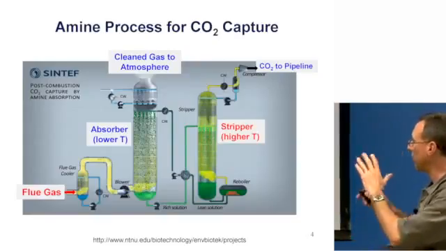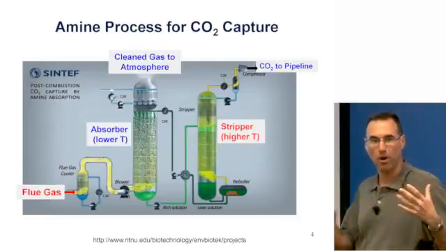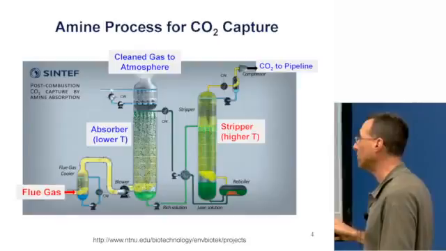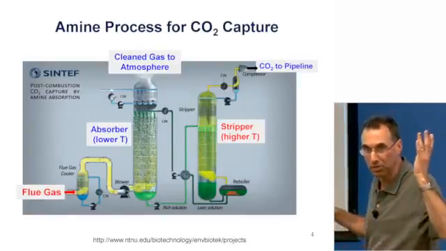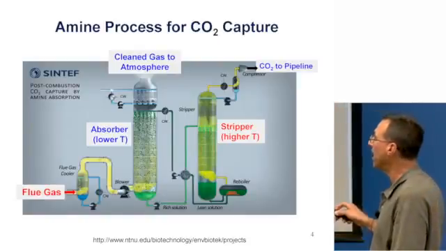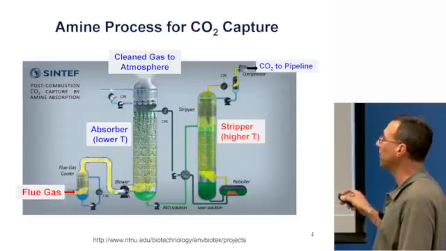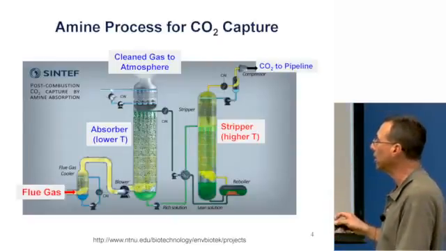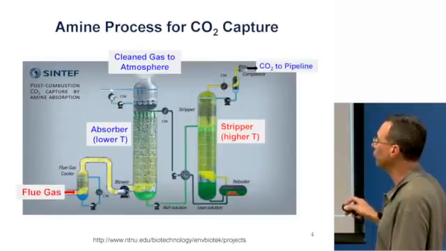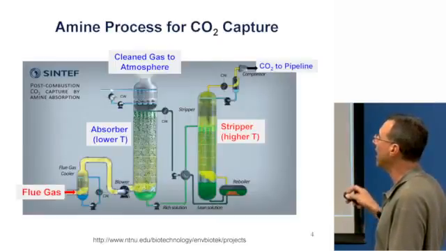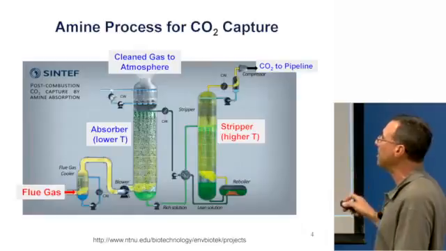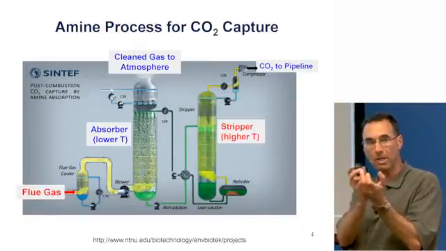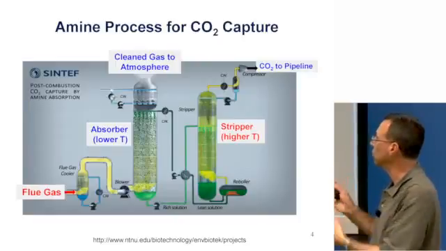So here's a quick schematic of the process for capturing the CO2. Here comes the flue gas. Think of it as basically CO2 plus nitrogen. At relatively low temperatures, this is what's called a temperature swing absorption process. At relatively low temperatures, the CO2 contacts a lean amine solution. At low temperatures, the amine picks up the CO2, so it absorbs the CO2.